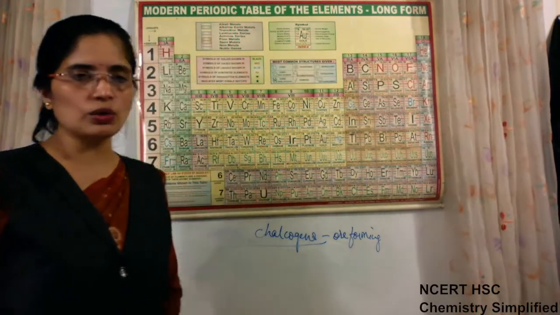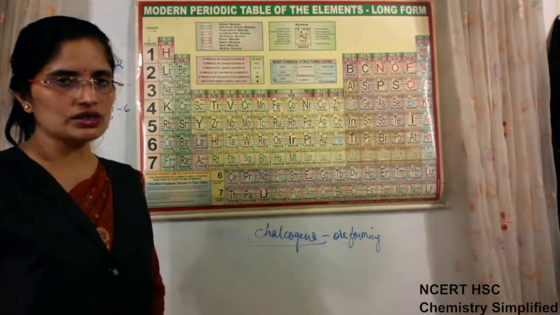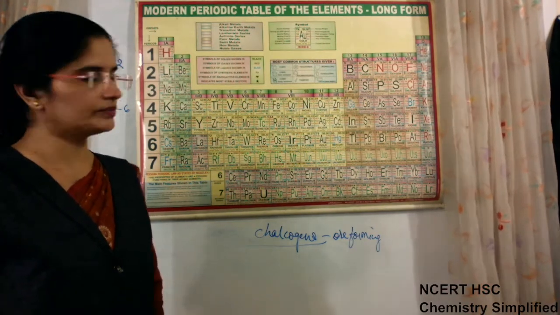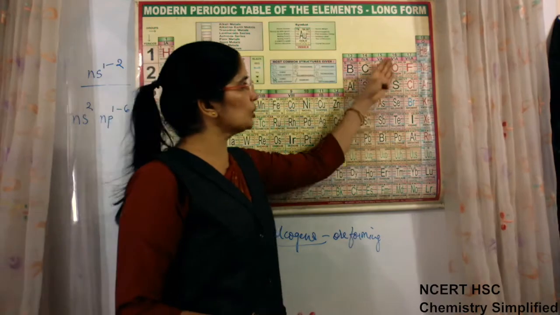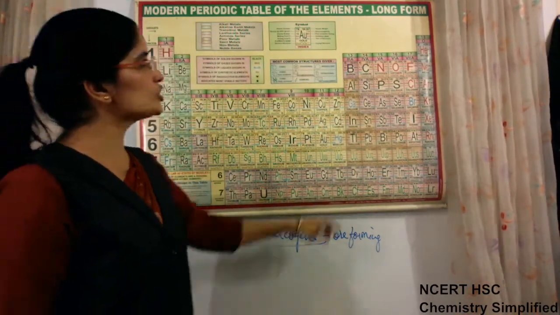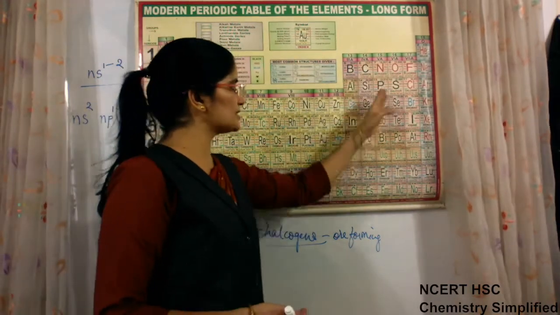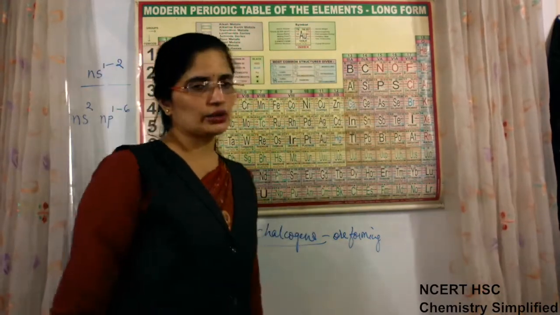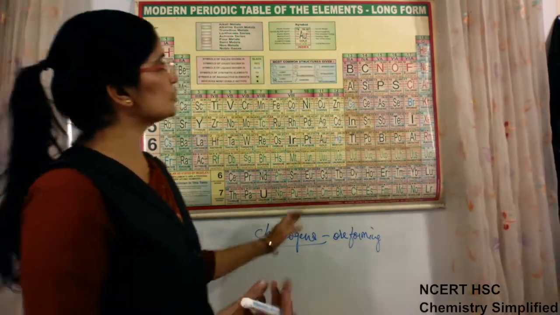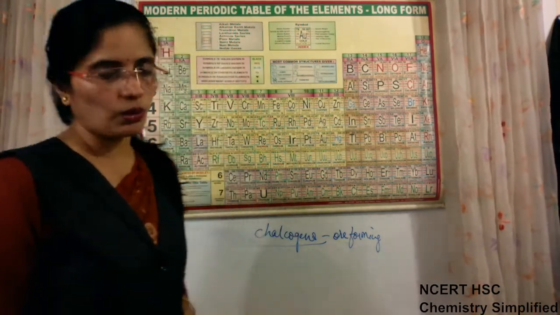Most of the ores are either oxides, like iron oxide, or aluminum oxide. Aluminum oxide is bauxite ore, okay. So most of the ores present in nature are formed by the elements of group number 16, hence this group is also named chalcogens. So these are some specific names given to some specific groups, not to all.